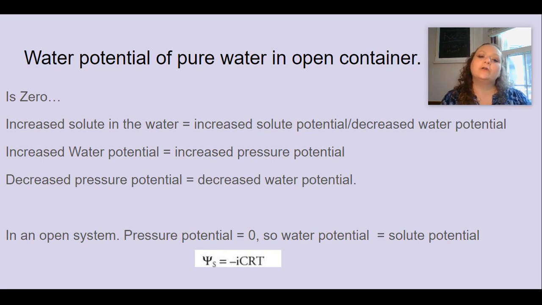So the more solute we have in the water, we increase our solute potential, but we decrease our water potential. Increased water potential equals increased pressure potential. Decreased pressure potential equals decreased water potential. In an open system, pressure potential is going to equal zero.